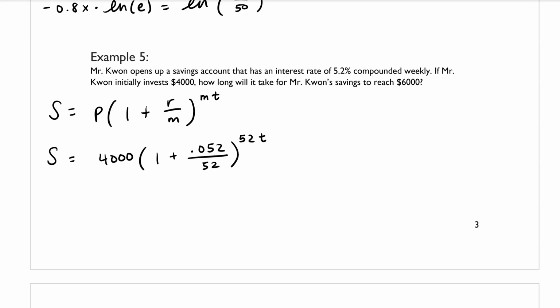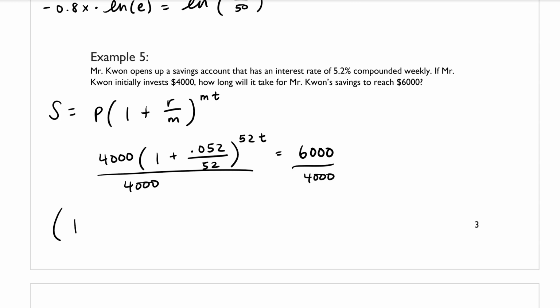So now we want to figure out how long it's going to take my savings to reach 6,000. So I'm going to set my function, I'll just erase that part, and set it equal to 6,000. And I'm trying to solve for t now. So I'm going to divide both sides by 4,000.